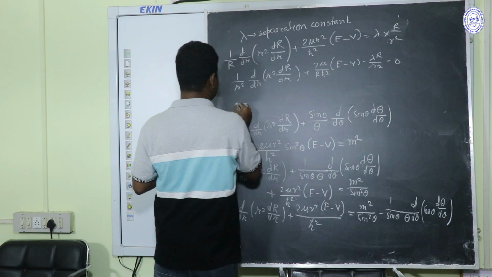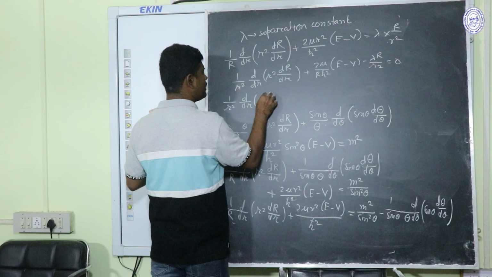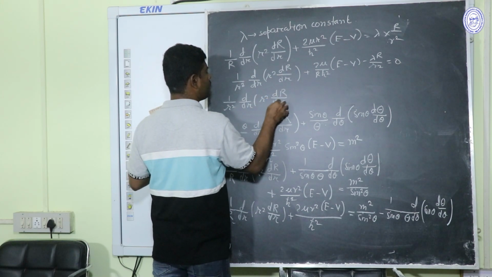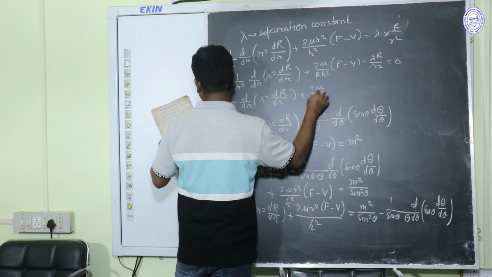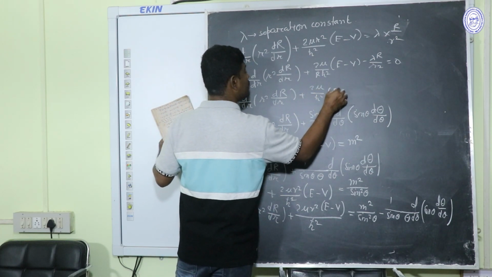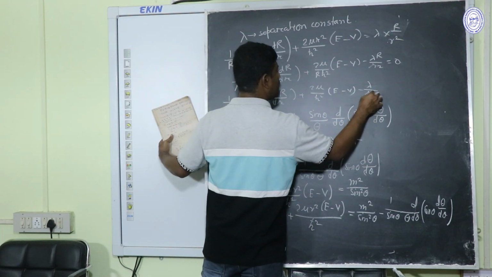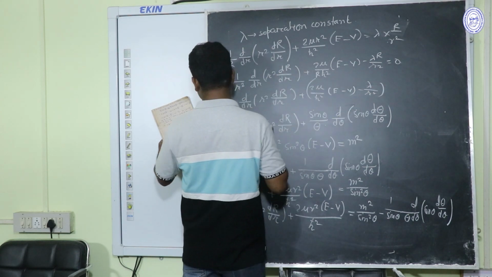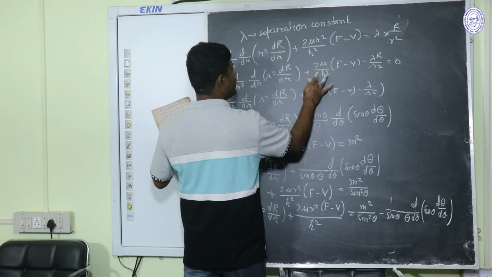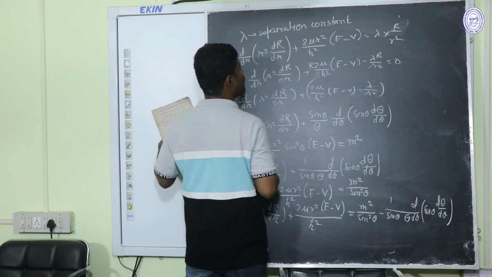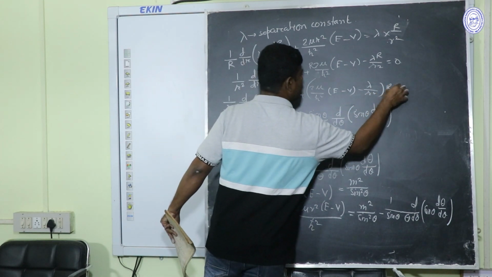And then 1 by r square d/dr of r square dR/dr, and if we take 2 mu by h square (E minus V) minus lambda by r square, times capital R, this is equal to 0.